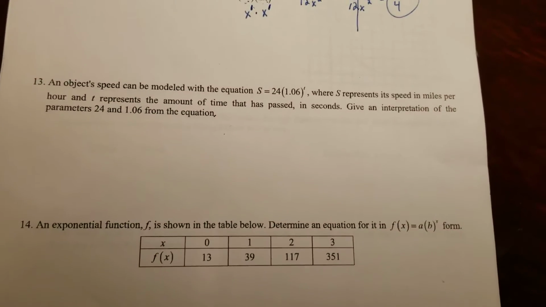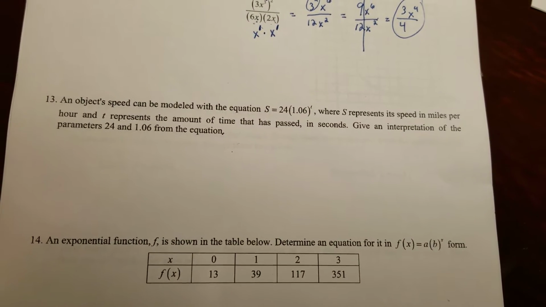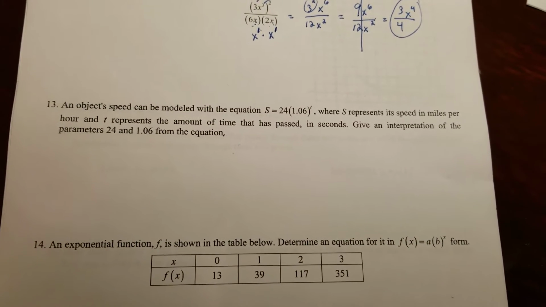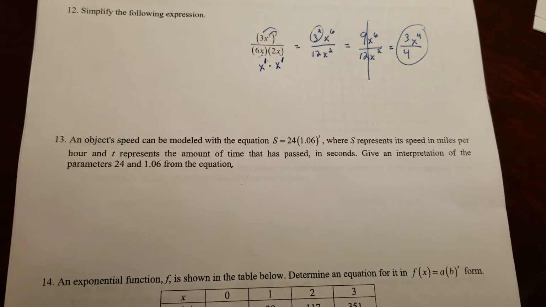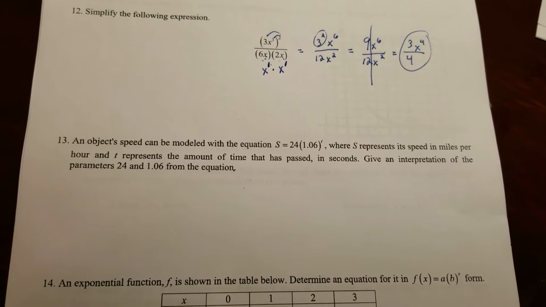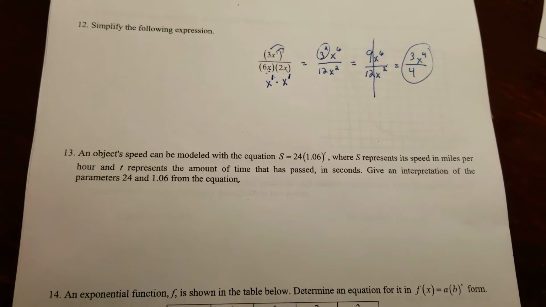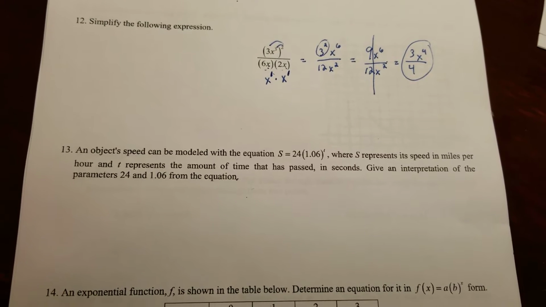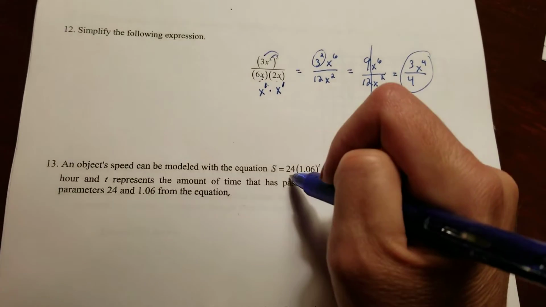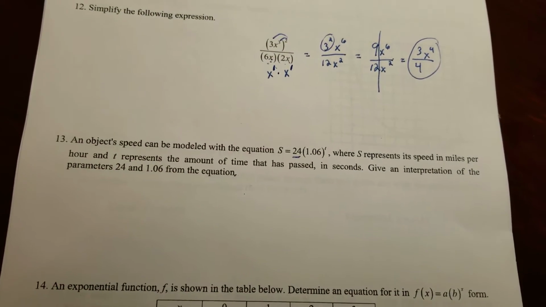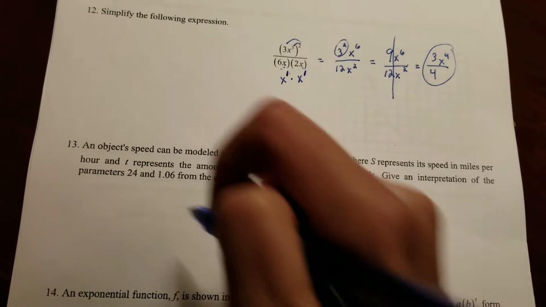Next question, an object's speed can be modeled with the equation s equals 24 times 1.06 to the t power, where s represents its speed in miles per hour and t represents the time that has passed in seconds. Give an interpretation of the parameters 24 and 1.06 of the equation. All right. So 24 is our starting location. So we are initially moving 24 miles per hour.